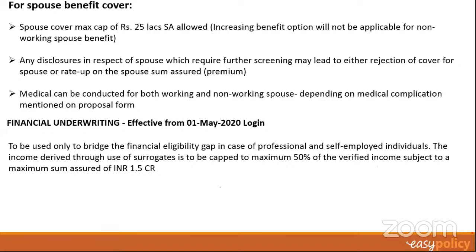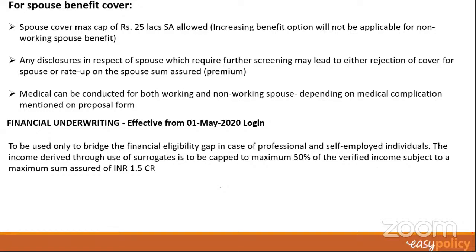Again, financial surrogates can be used for Canara HSBC, but that is to bridge the gap, not as a standalone income proof to get the policy issued. In this case, income can be considered up to 50% of standard income.